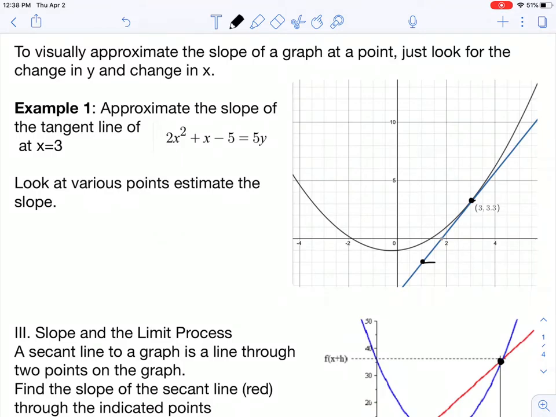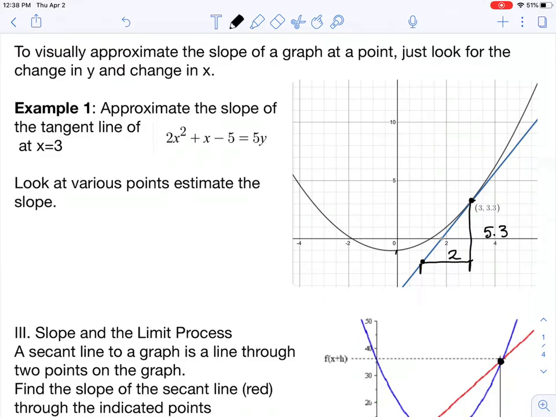And then we look for the change in x and the change in y. So that is at negative 2 to 3.3. So that's 5.3. And then the change in y is from 1 to 3.